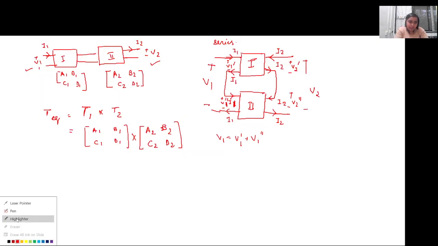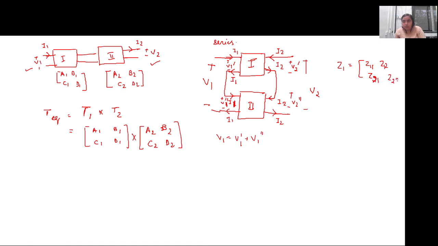In such a series circuit, if we represent this in terms of Z parameters, let the Z parameter of circuit 1 be Z11, Z12, Z21, Z22, with prime for the first network, and with double prime for the second circuit: Z11 double prime, Z12 double prime, Z21 double prime and Z22 double prime.